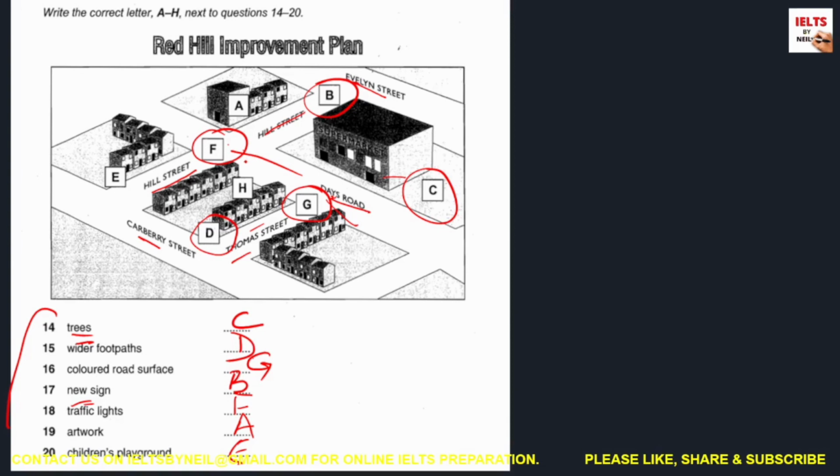We're going to get school children in the area to research a local story, the life of a local sports hero perhaps. And an artist will incorporate that story into paintings on the wall of a building on the other side of Hill Street from the supermarket. And finally, we've agreed to build a new children's playground, which will be at the other end of Hill Street, close to the intersection with Carberry Street.